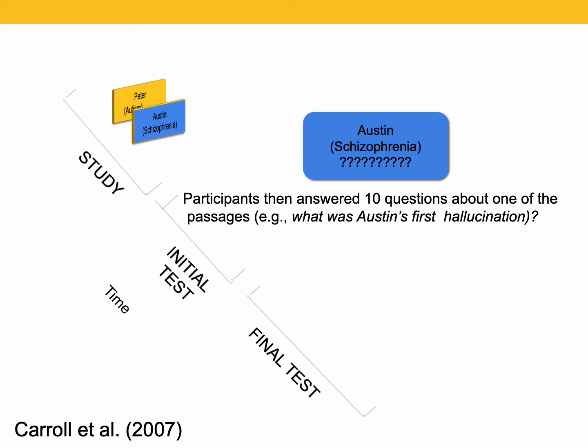Well, our prediction would be, according to the testing effect, that the 10 questions that participants were asked about Austin, right, such as what was Austin's first hallucination, by virtue of the fact that they've taken an initial test on those questions, right? On the final test, those questions should be remembered better, right? That's the testing effect. That's the promise of memory retrieval, right?